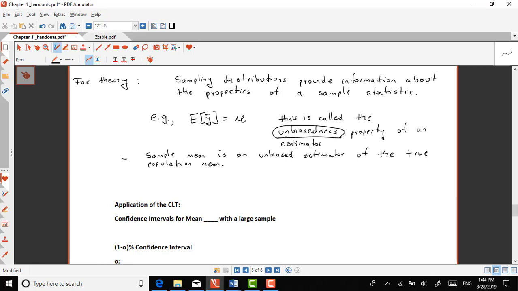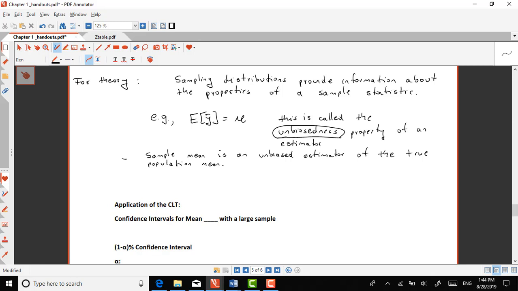But for a specific sample mean, for one sample, that is not going to be equal to the true population value. So is that saying that the average of the averages? Yes, I like it. The average of the averages is equal to the true population value, but the specific average is not going to be equal to the true population value. I like that way to put it. It's probably simpler.